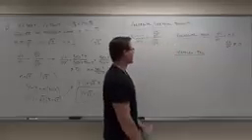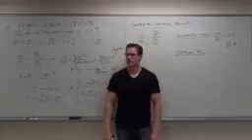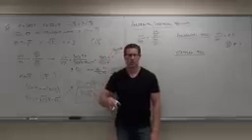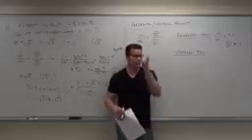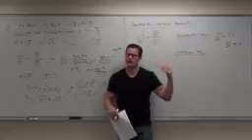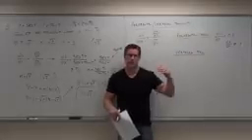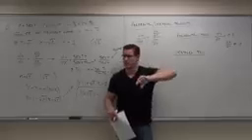Vertical tangents. Where do vertical tangents happen? Remember dividing by 0? You're like, oh, I can't do that. That's going to create a vertical tangent. If you're talking about slopes, dividing by 0 means you have an infinite slope, a vertical slope. A horizontal tangent would have a slope of 0, wouldn't it? The numerator would be 0, the denominator would not.